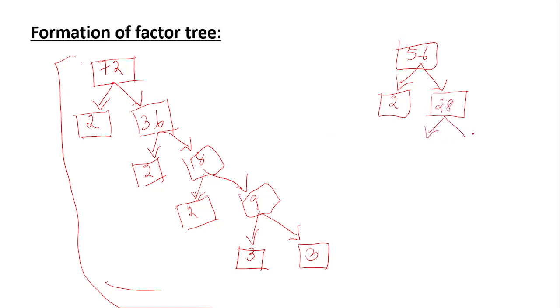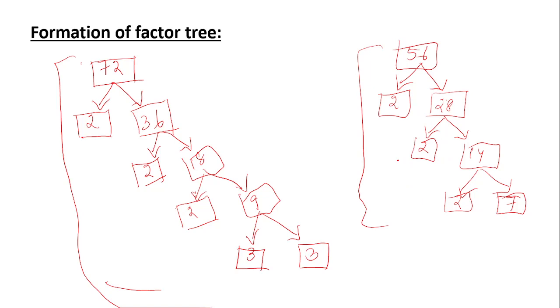Then again write 2 here and 14 here. Again divide this by 2 and write down 7 here. Since 7 is a prime number, don't perform this activity further. So this is the factor tree of 56. Let us move to the next slide.